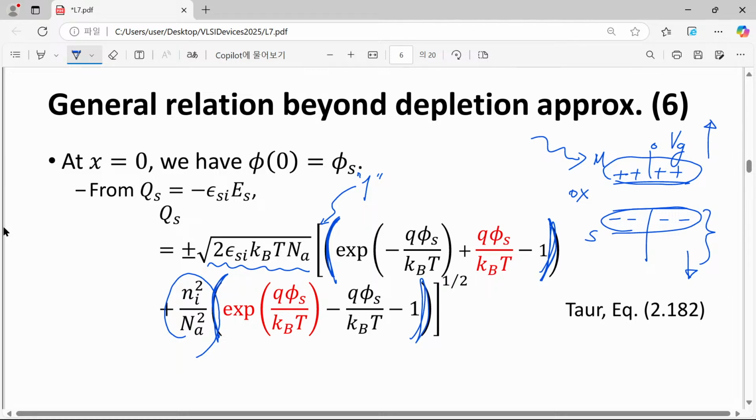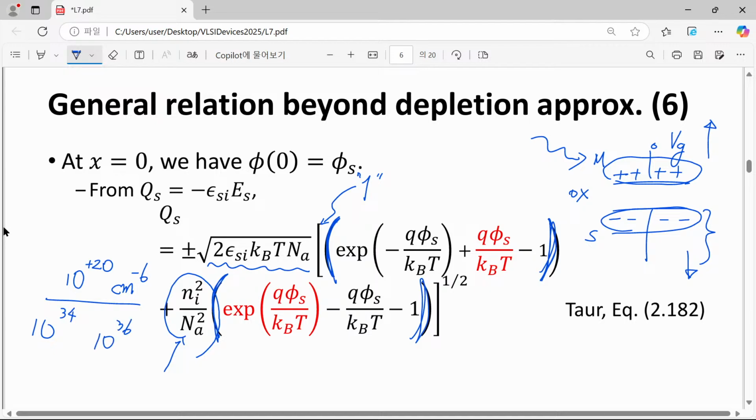The value of ni at 300 Kelvin is given as 10 to the 10 per cubic centimeter, so ni squared is 10 to the 20, per centimeter to the minus 6 power. Please have your Na value in mind, 10 to the 17 or 18, then please try to square it. Then you will have 10 to the 34 or 10 to the 36.